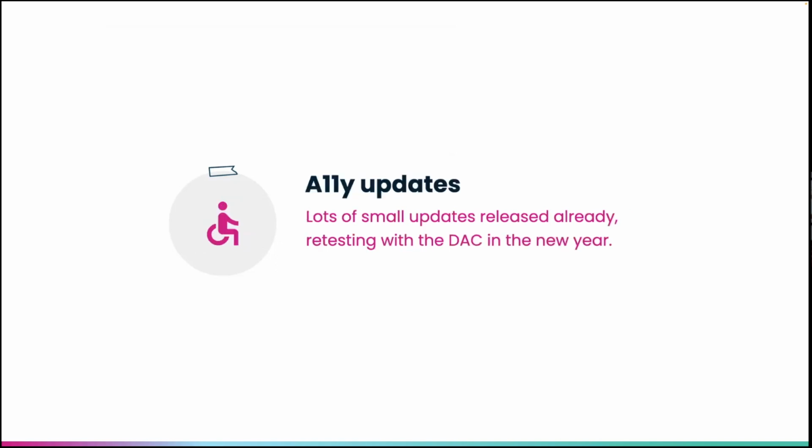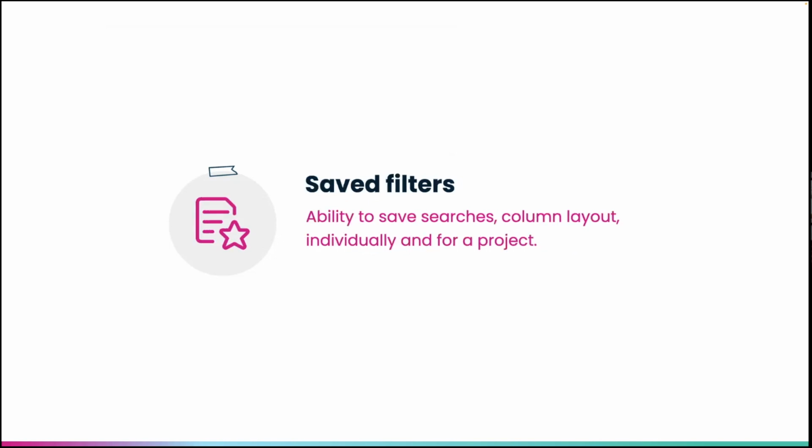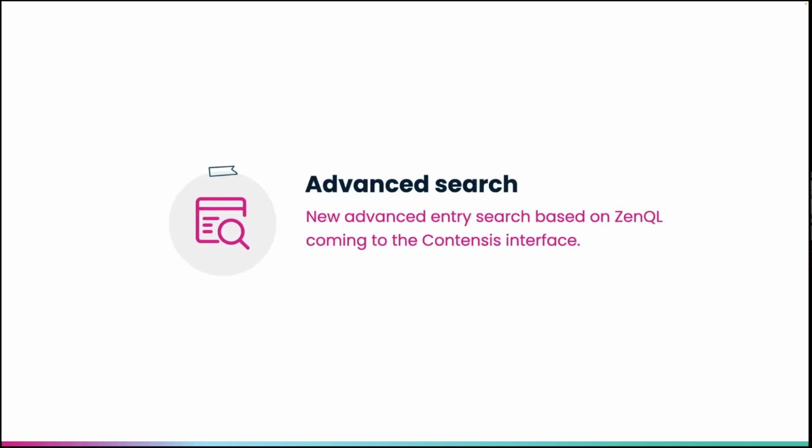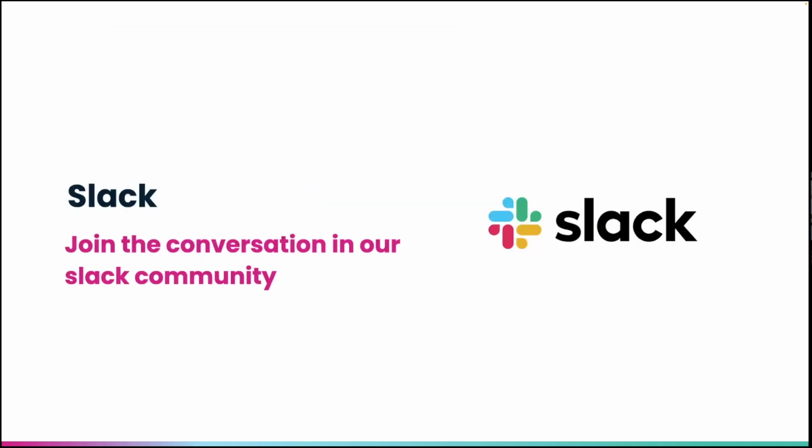We continue to make lots of updates for accessibility, and we're continuing to test with the DAC. As I mentioned, we'll be looking at saved filters more in the coming weeks, as well as layering in a new ZenQL search screen for you to find different types of content. So lots going on, lots to look forward to this year.